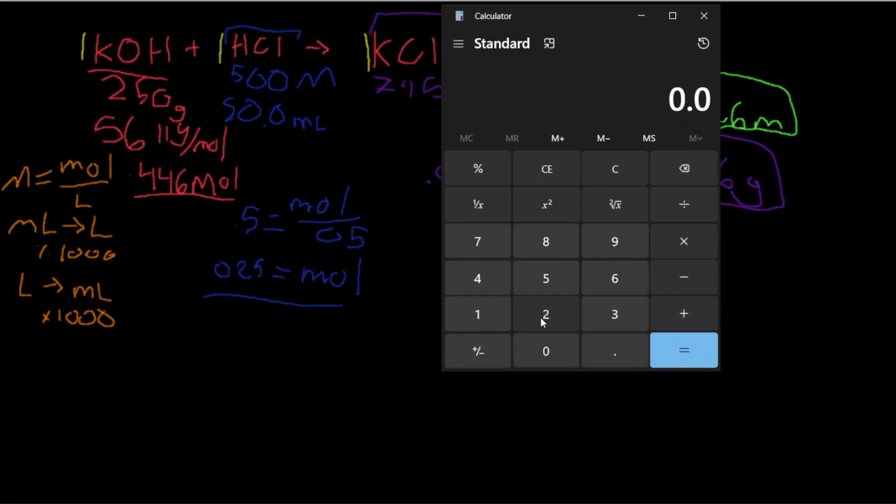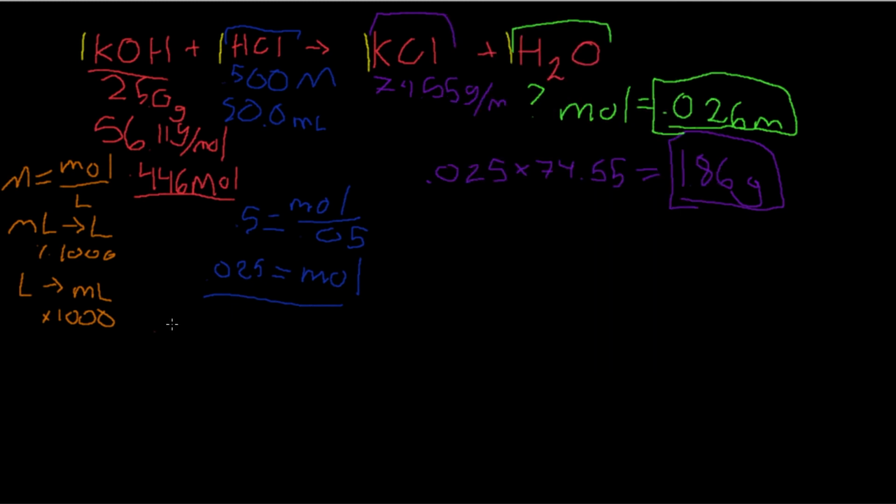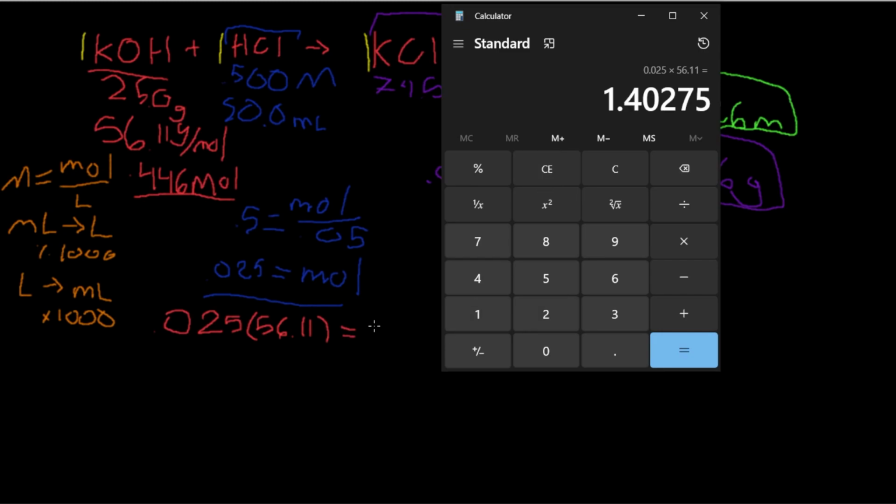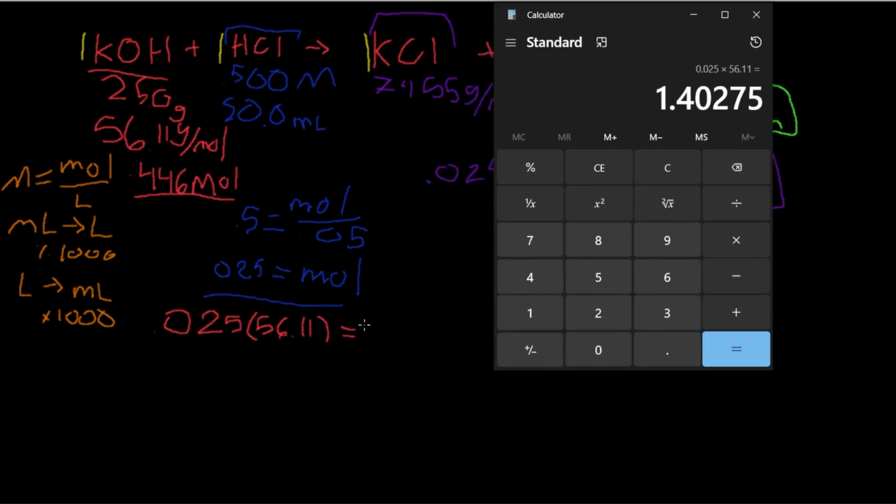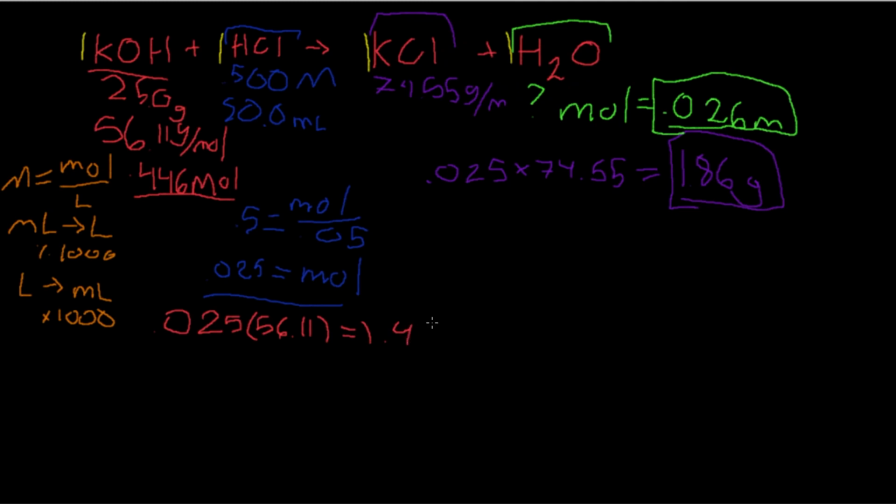Again, since we have moles, 0.025 multiplied by 56.11 equals 1.40 grams of the stuff used.